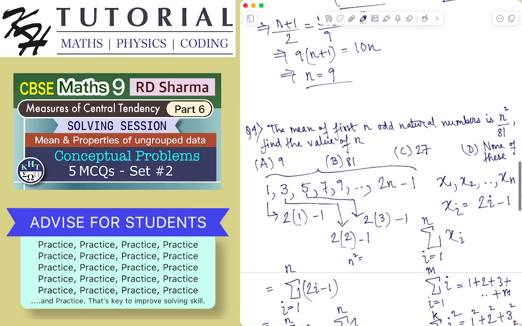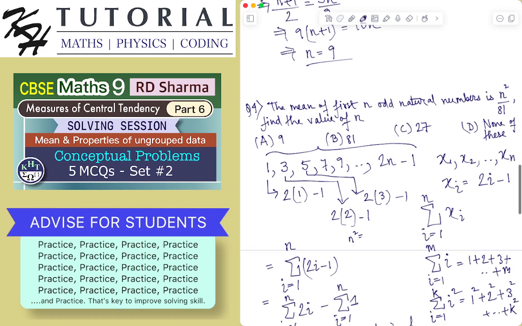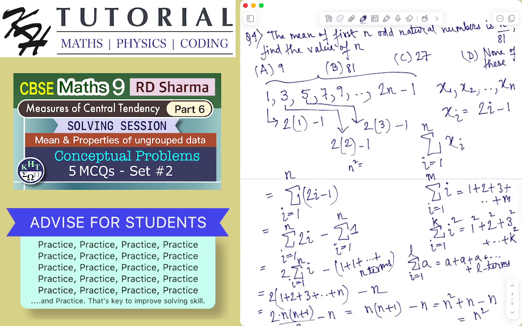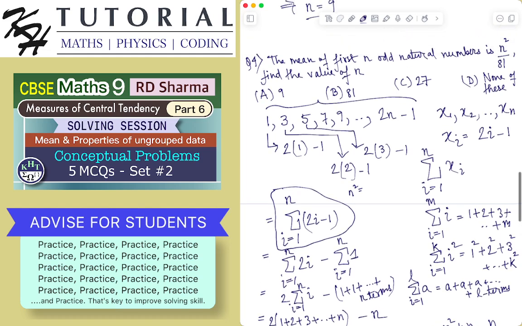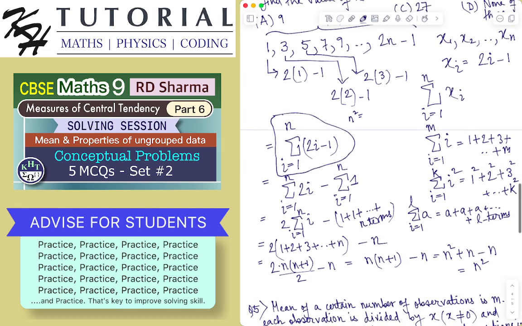So this is the sum of the first n odd natural numbers. Now the mean is given to be n square by 81, so I have to divide by n.